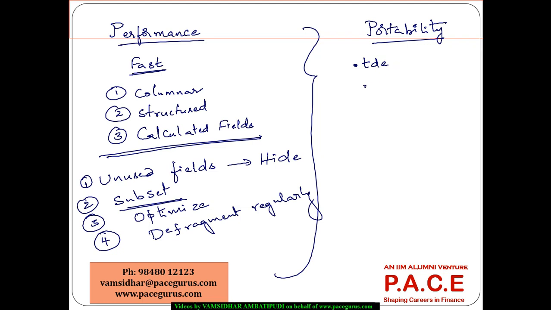Generally, when you save a Tableau workbook, it gets saved as .twb or .twbx, which is a packaged workbook, and .twb is a solo workbook. Here you will get all the fields, all the visualizations, all the dashboards when you save it as .twb. But it does not contain any data of external files.